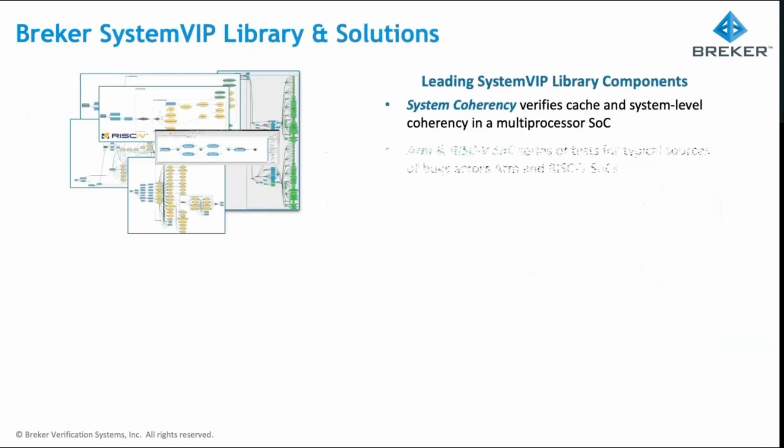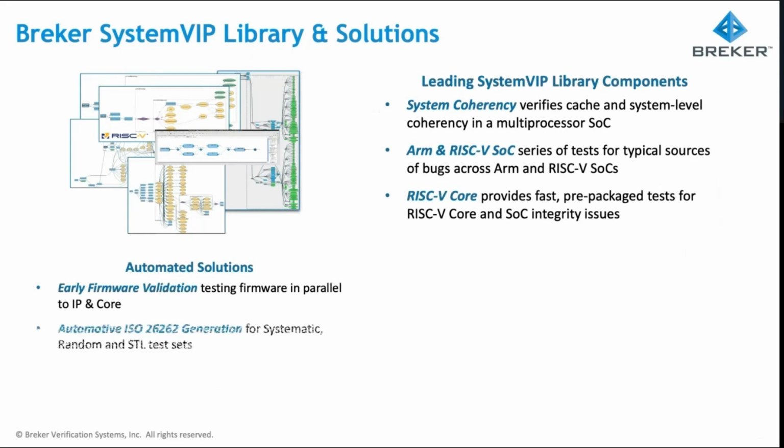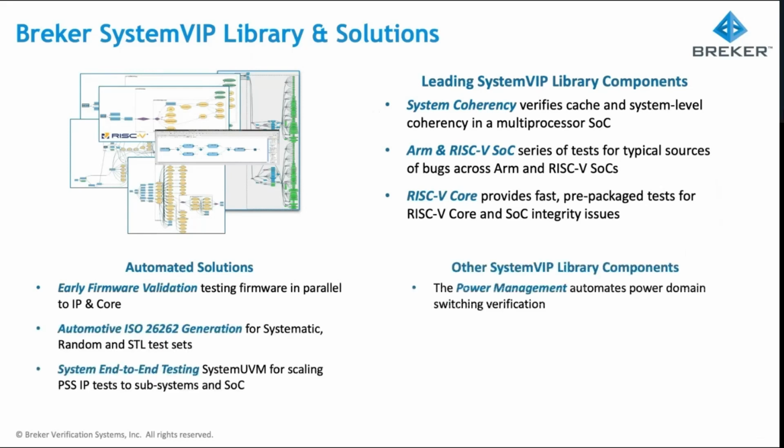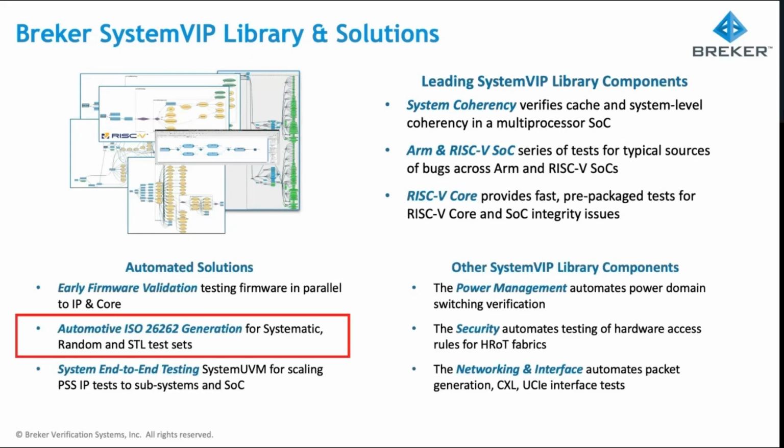Something we've done is created a library of SystemVIPs, and one of those library elements is indeed a solution around automotive ISO 26262. We've done this in conjunction with three or four other fairly large automotive OEMs, and what we've been trying to do is figure out an automation method for covering more of the systematic part of the ISO 26262 flow, which is the rigorous verification part, if you like.